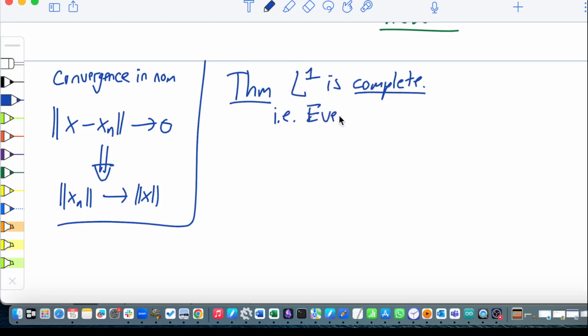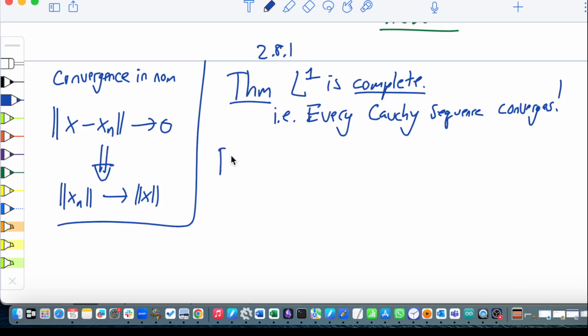Every Cauchy sequence converges. And the proof is going to be extremely short because we've already done all the heavy lifting. So we're just repackaging a proof that we've already done. This has a name in the textbook, which is theorem 2.8.1.